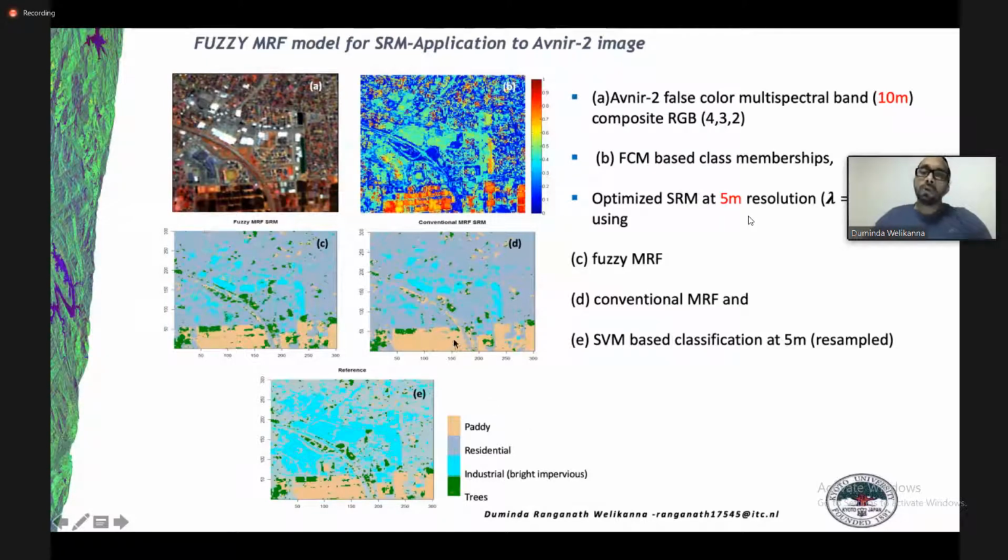And you can see that support vector machine has much noise, but the Markov random field and the fuzzy-based Markov random field models have reduced the amount of noise due to point spread function effects in satellite images. So there is a lot of noise in satellite images. You have to deal with them in satellite image processing.